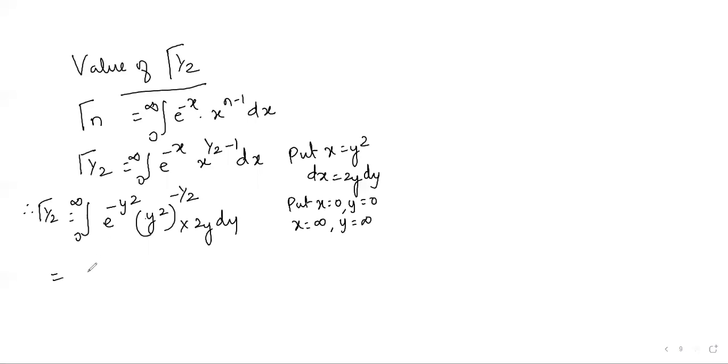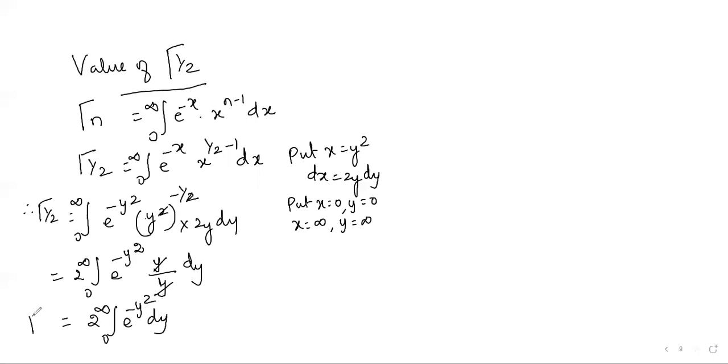So take 2 outside: 2 into integral 0 to infinity e power minus y square, and you can cancel 2. Therefore y power minus 1, which is nothing but 1 by y. Cancelling this, you will be getting 2 into integral 0 to infinity e power minus y square dy. So this is gamma half.